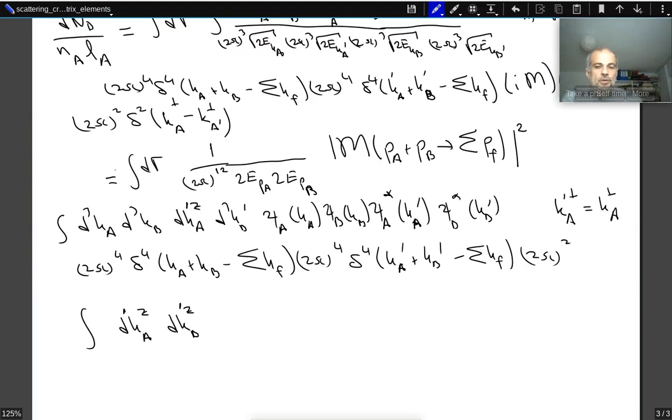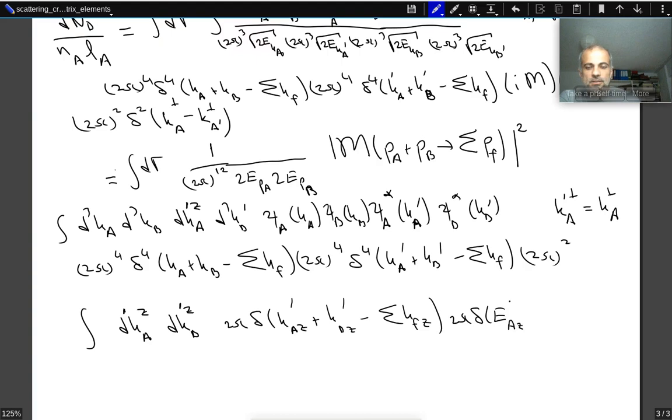Now this Ka prime appears only over here. So I will just take the 2 pi Dirac delta Kaz prime plus Kbz prime minus this Kfz. And then I will also take the energy. 2 pi Dirac delta Ea prime plus Eb prime minus Ef.